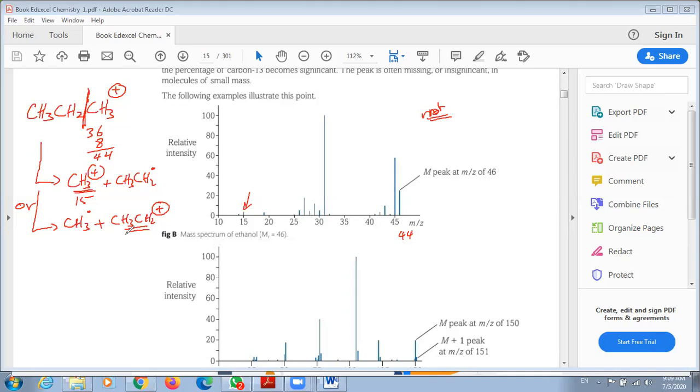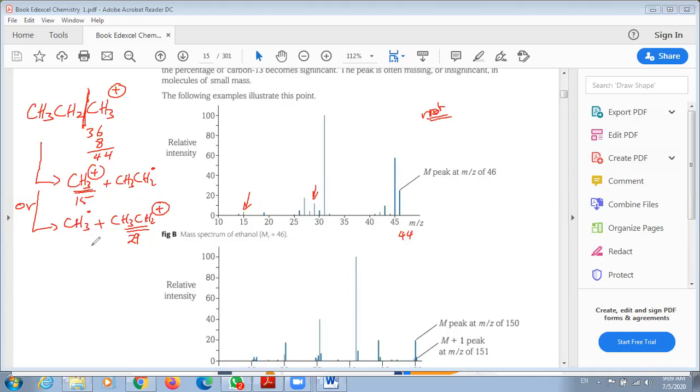So the second peak will appear at 29, which is the molecular mass of CH3CH2. So we will find that we have a peak at 29, for example, here, and so on. You do the fragmentation from every point and see what every point would lead to.